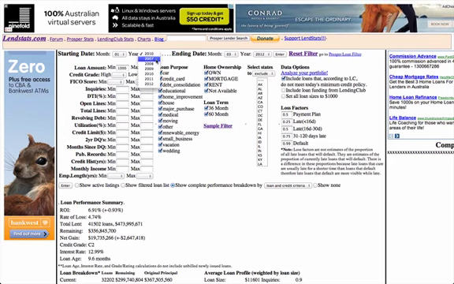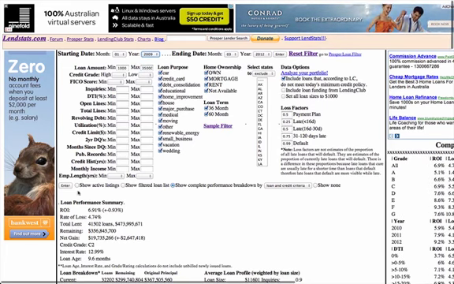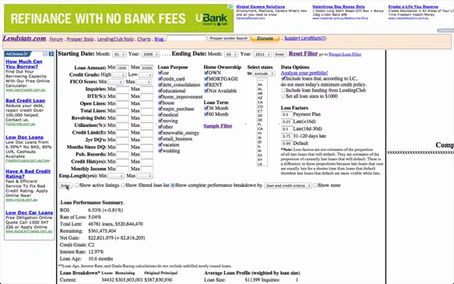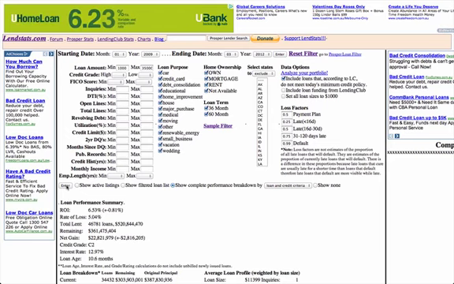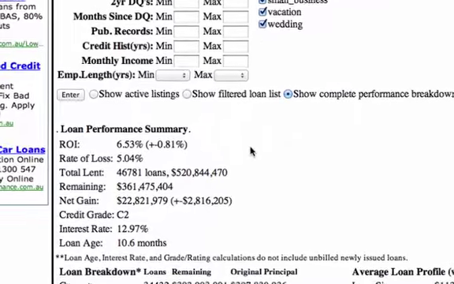I like to go back to January of 2009 there, just because it gives a bit more data in, and I think the underwriting at Lending Club has changed dramatically since the very early days. So let's remove those loans from consideration and just go with January 2009 onwards. And you can see the ROI here is 6.53%.